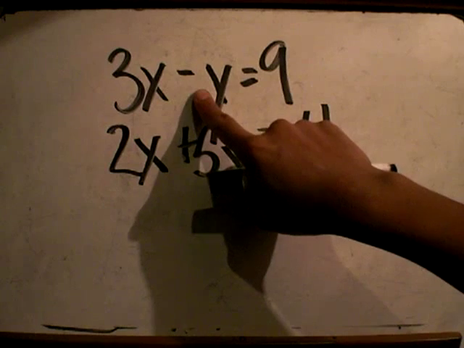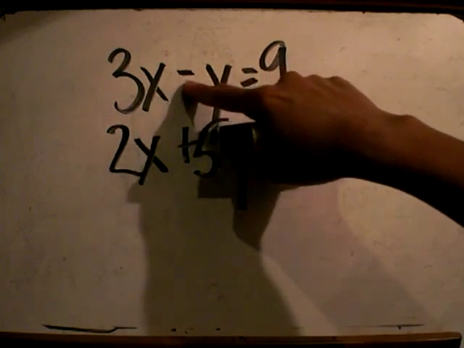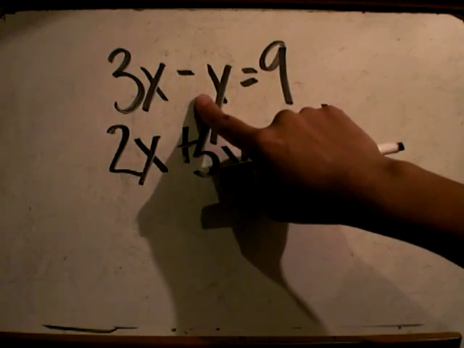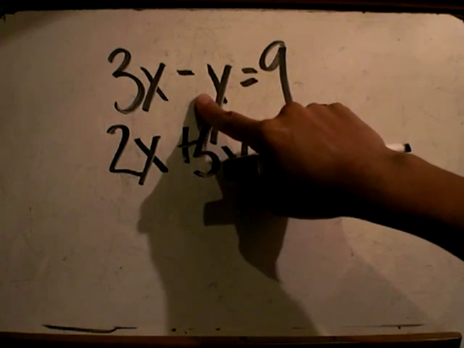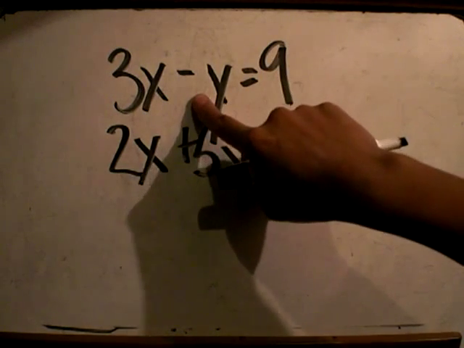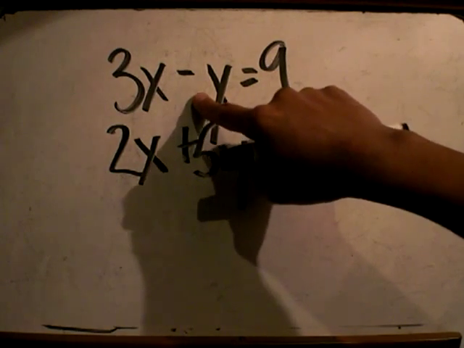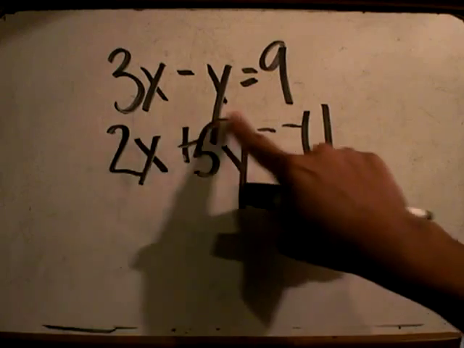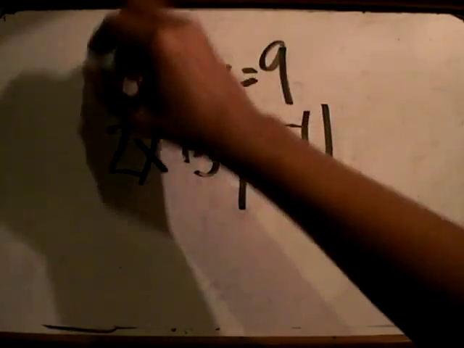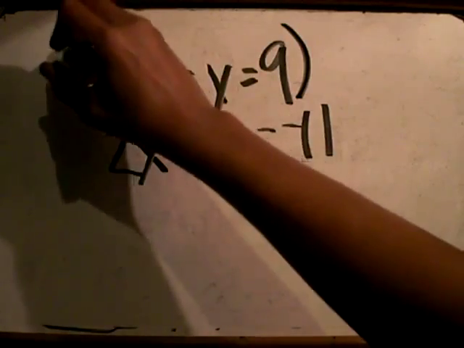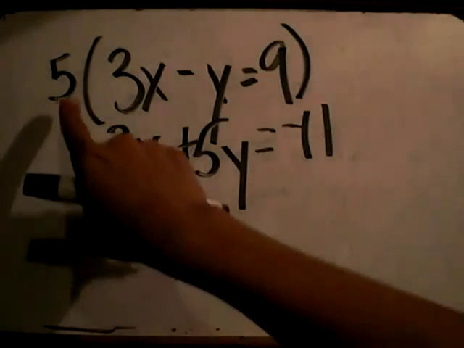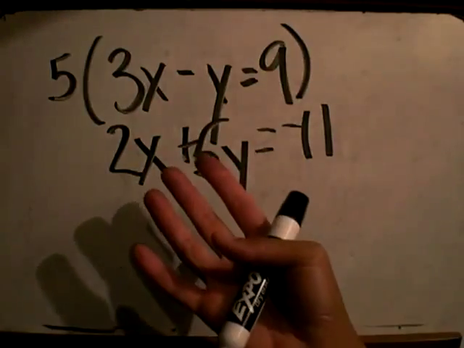To get from this -1 to a -5, I have to multiply this coefficient by 5. But then I have to multiply this entire equation by 5, like using the distributive property.